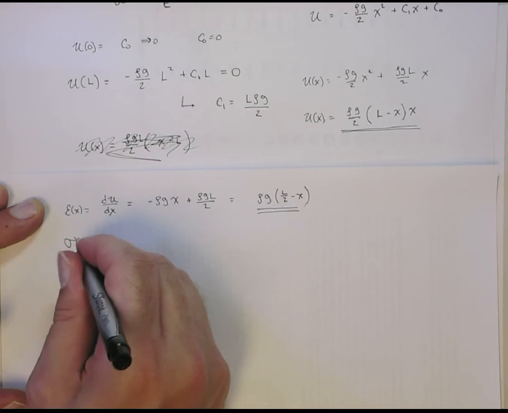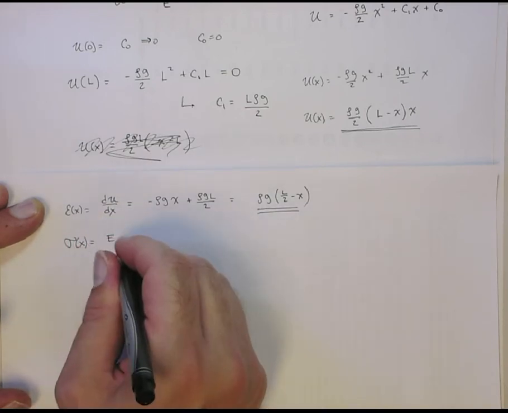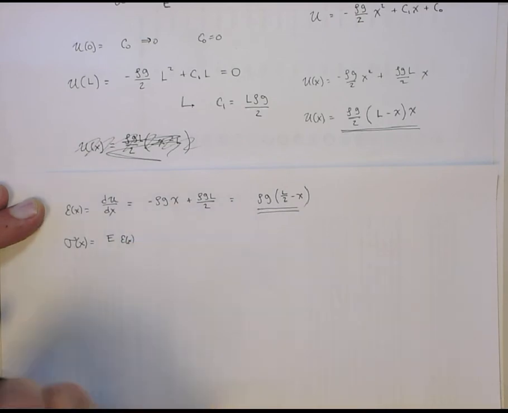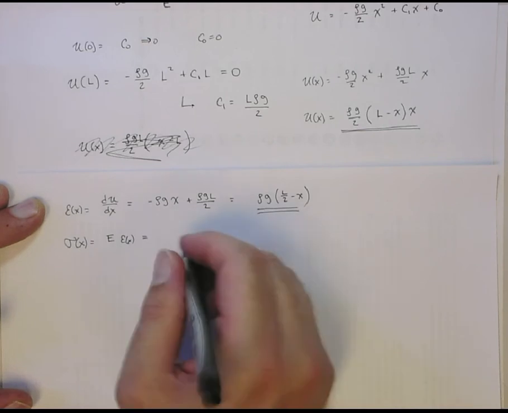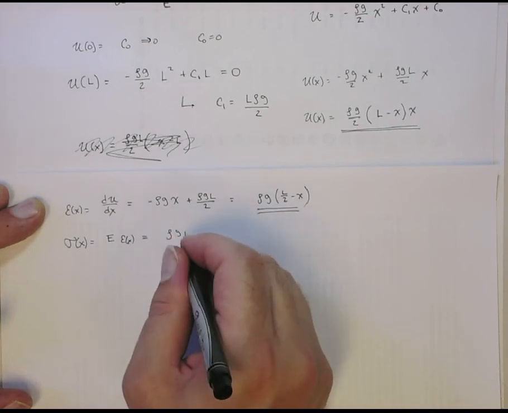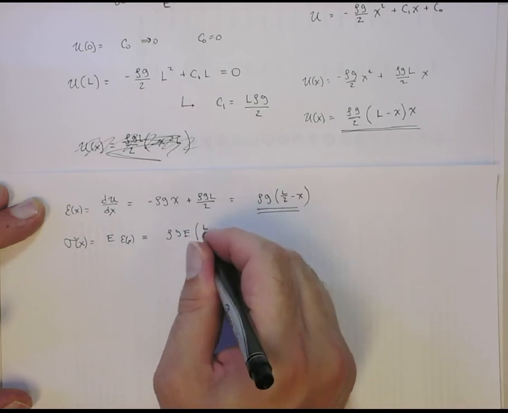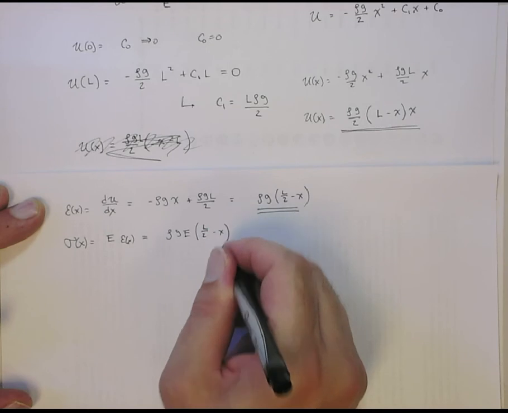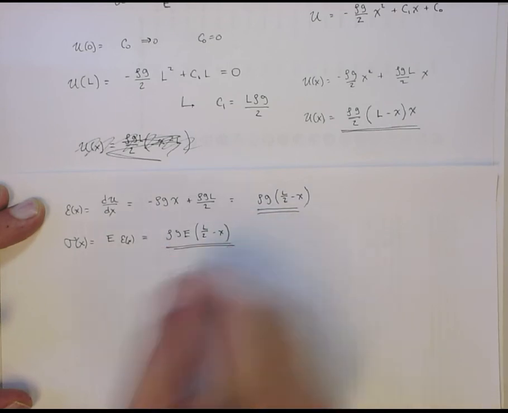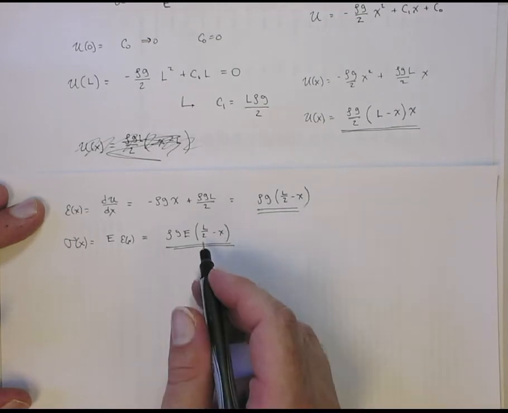And then the stress field would be Young's modulus times the strain field. Again, that's Hooke's law, but it's going the opposite direction. And that would give me rho g E, L on 2 minus x. And that's the stress field. So you can see the stress and the strain fields are linear.